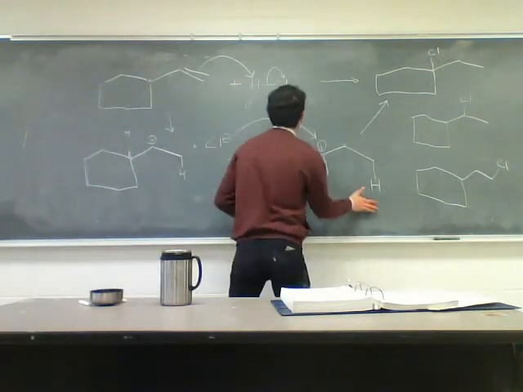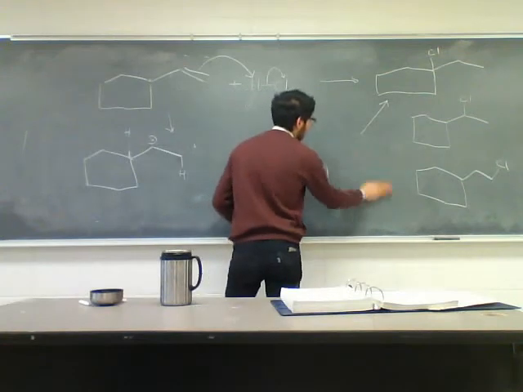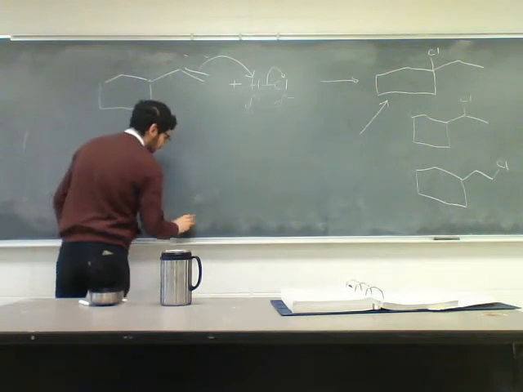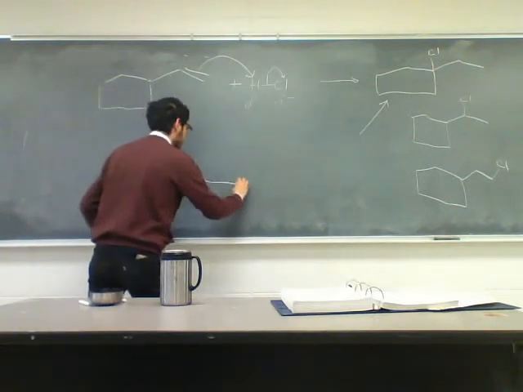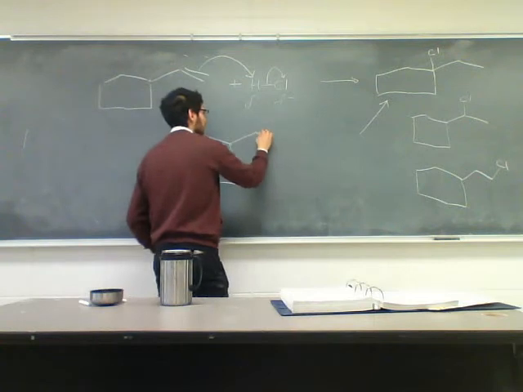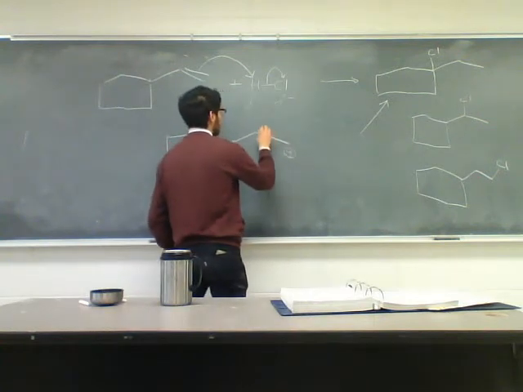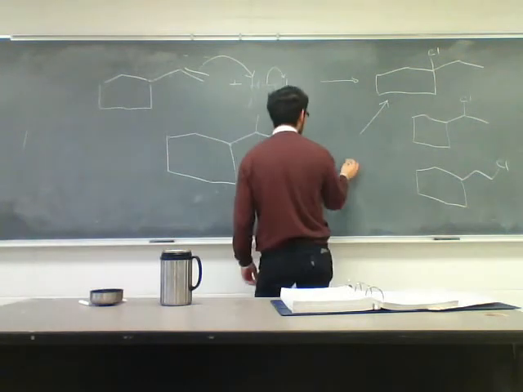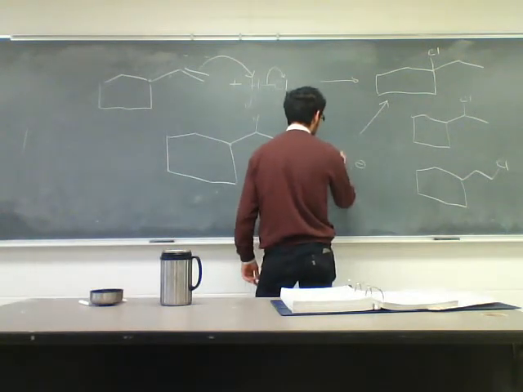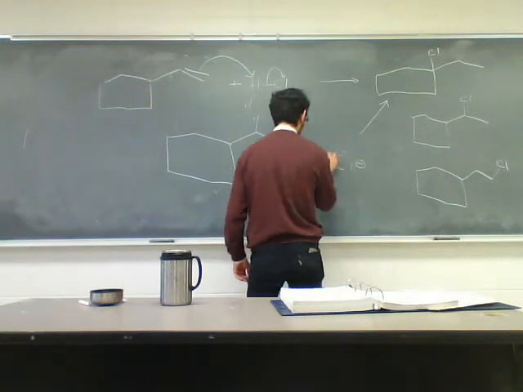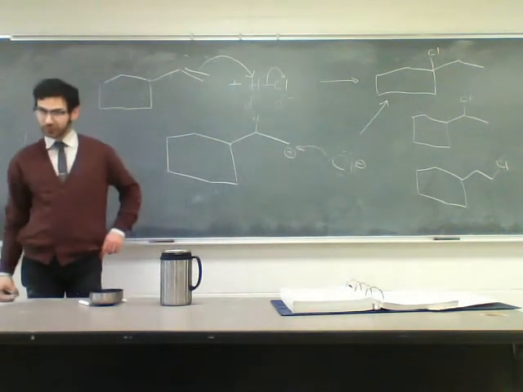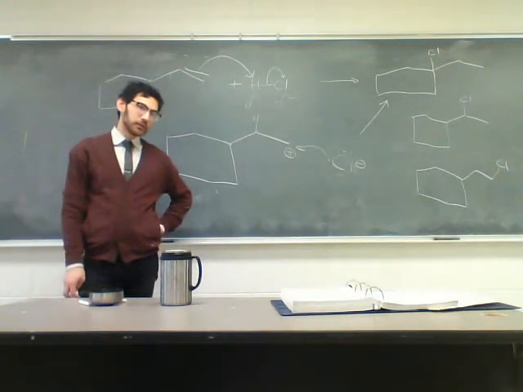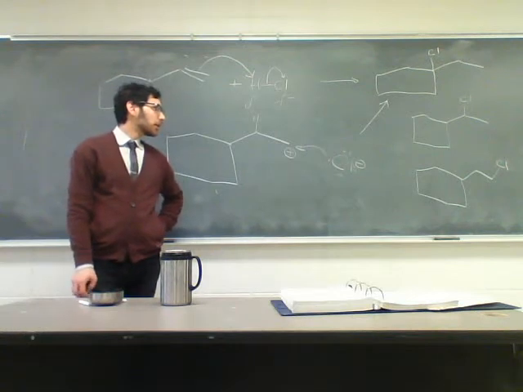So to get that product, we would still use the same first step, but if we generated from that double bond a primary carbocation and added the hydrogen into the secondary position, now the chlorine is ready to attack there. Yeah. So either of those could happen, but the top one is most famous.